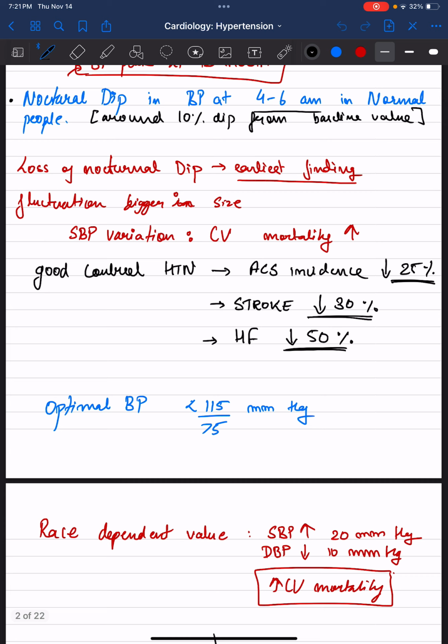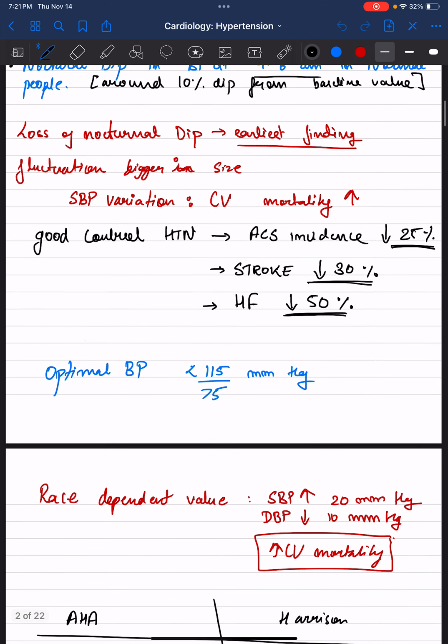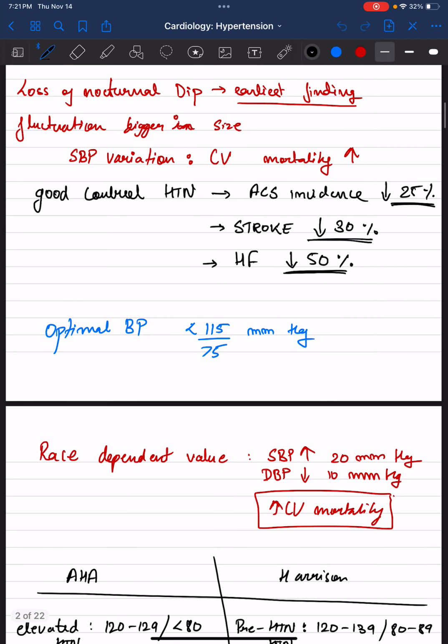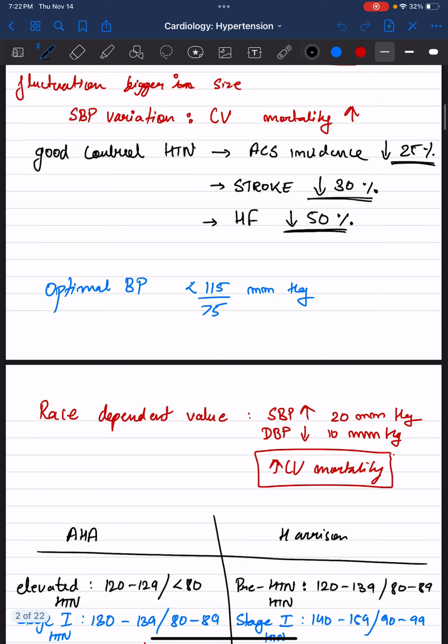If the patient has a loss of nocturnal dip on BP readings, it is the earliest finding of hypertension. The fluctuation is also bigger in patients with hypertension, and systolic blood pressure variation means there is increased risk of cardiovascular mortality in the patient.